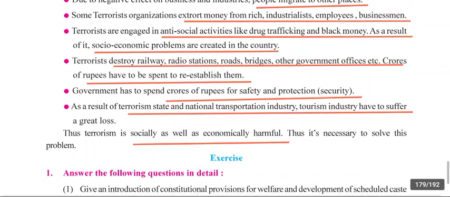As a result of terrorism, the state and national transportation industry and tourism industry suffer a great loss. Thus, terrorism is socially as well as economically harmful, and thus it is necessary to solve this problem.